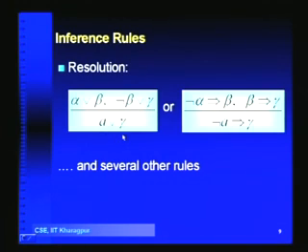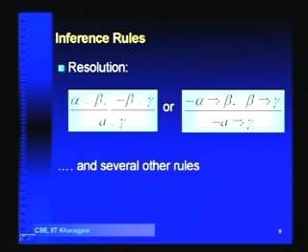So, given that either alpha or beta has to be true, and also given that either gamma or not beta is always true, we can deduce that alpha or gamma is true.